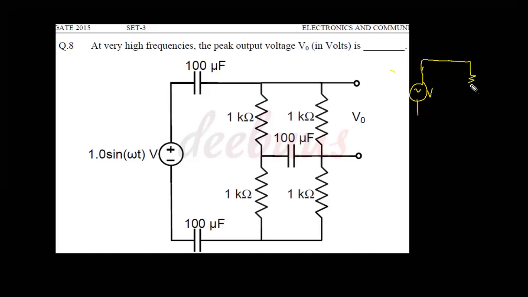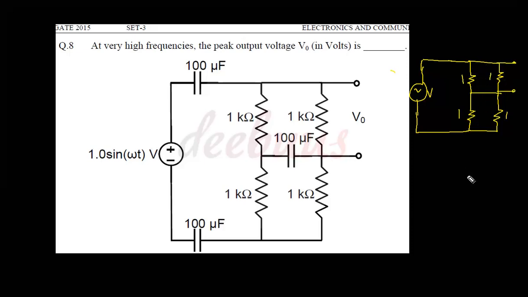Next a resistor of 1 kilo ohm, again another resistor of 1 kilo ohm. Now the capacitor is again shorted. Now a resistor of 1 kilo ohm, again another resistor of 1 kilo ohm. And again another capacitor, and it is also shorted. And we have to calculate the output voltage across these two terminals.